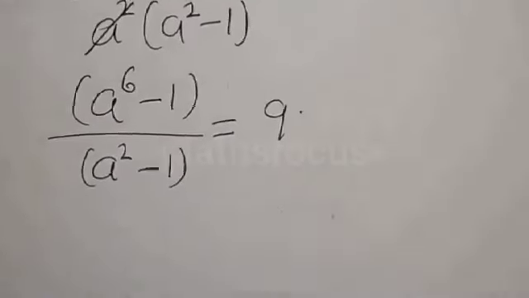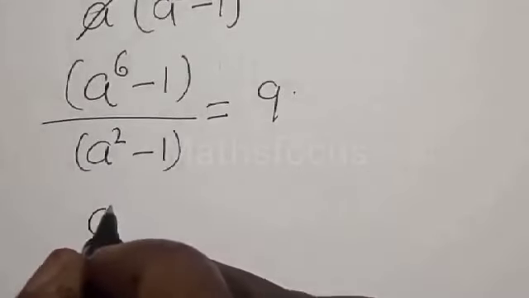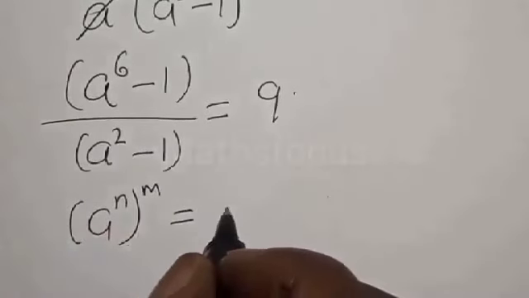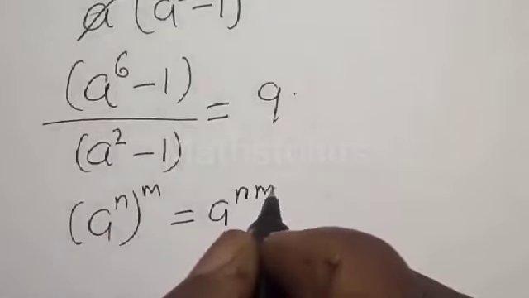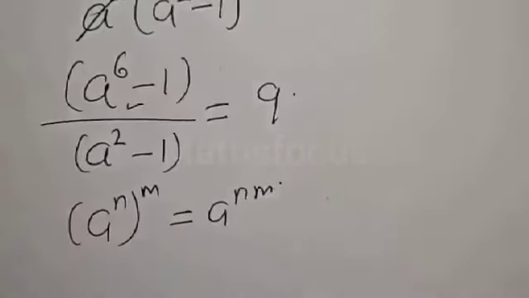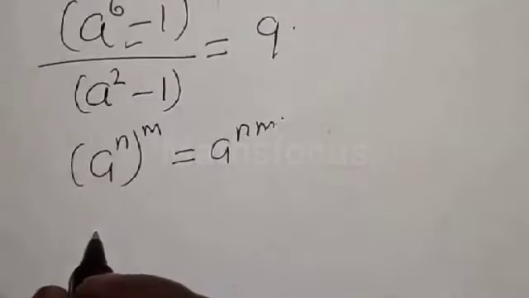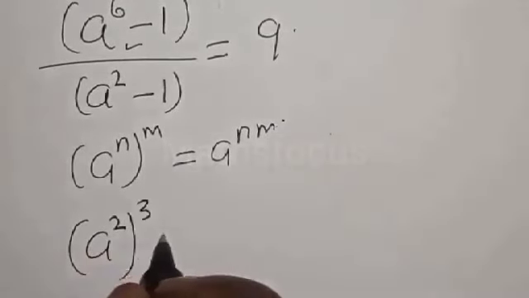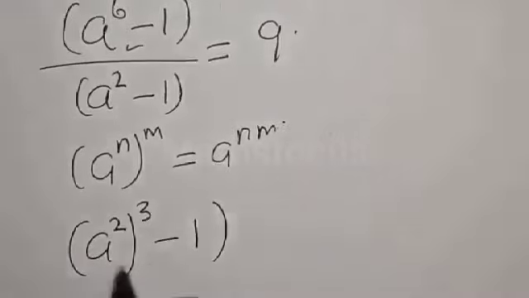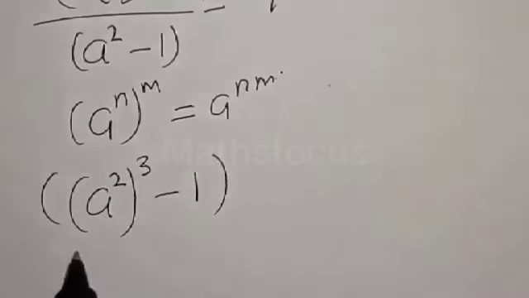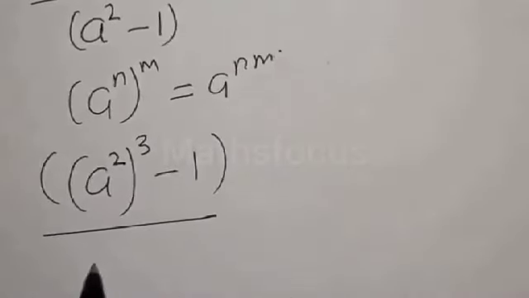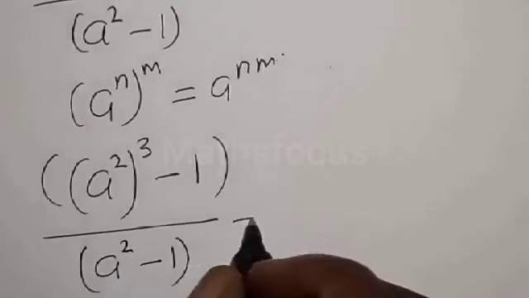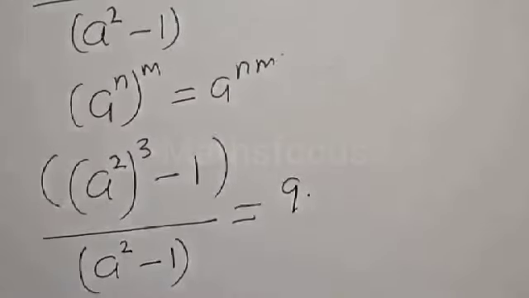Now remember, if you have a raised to power n raised to power m, it is the same thing as a raised to power nm. Then let's express this. We have a squared raised to power 3 minus 1 divided by a squared minus 1 is equal to 9.